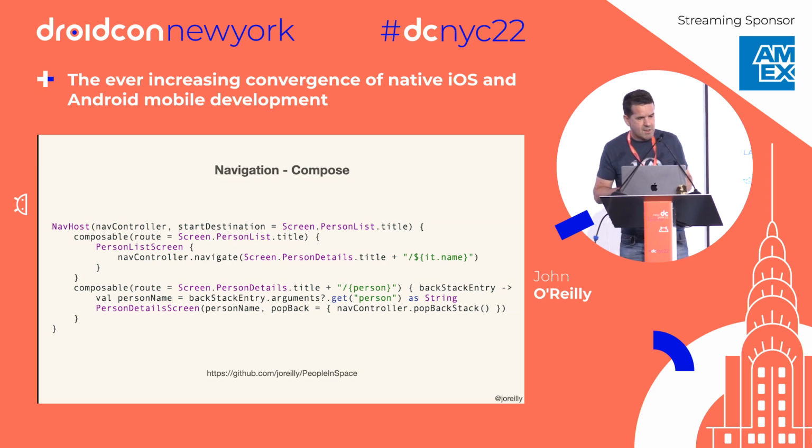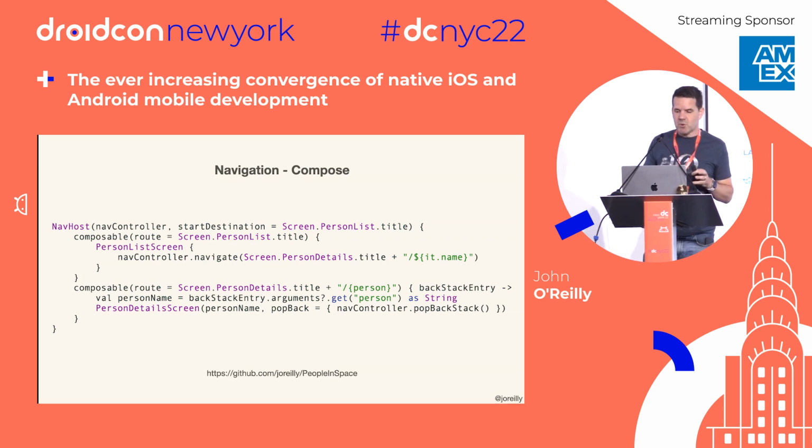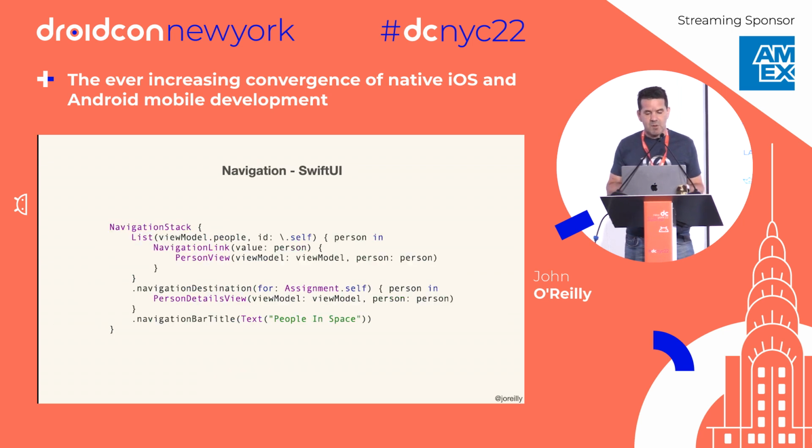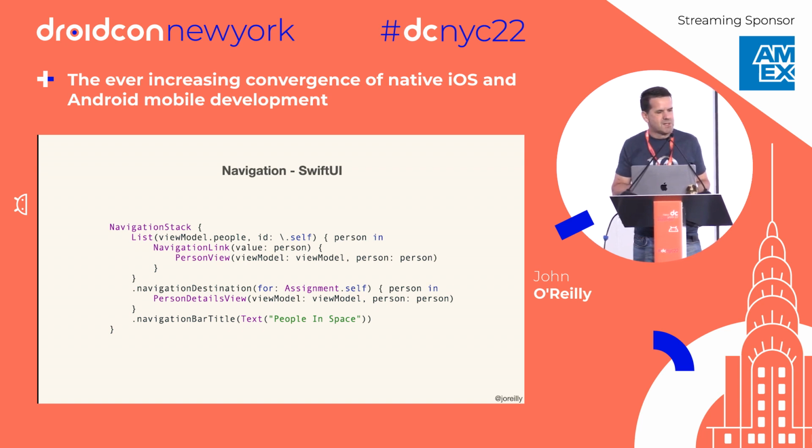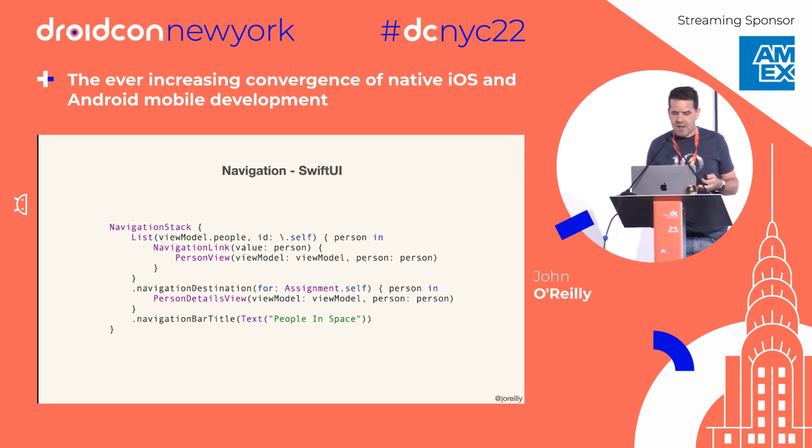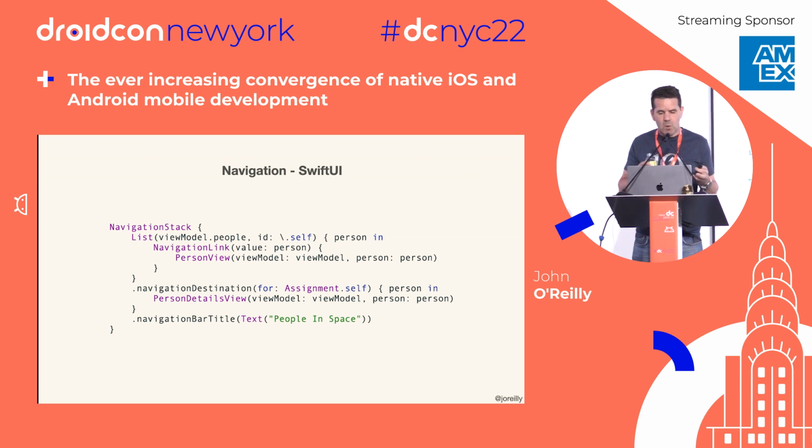First up, navigation. This is a pared down example from Compose code in the People in Space sample, showing some of the key moving parts of how navigation could be managed using NavHost and composable for each destination. And this is what it looks like now in SwiftUI with the iOS 16 updates, using NavigationStack and navigationDestination, which maps somewhat loosely to Compose's NavHost and composable.